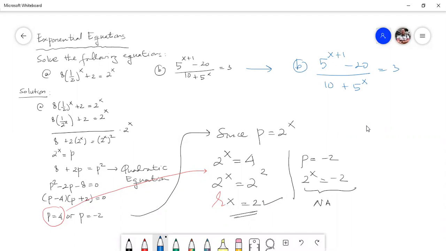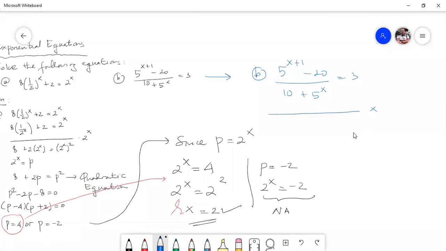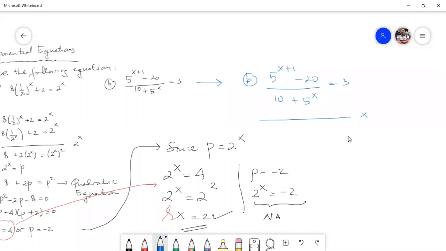I want to avoid fraction, so I multiply everything with 10 plus 5 to the power x. So I have 5 to the power x plus 1 minus 20 equals 3 times (10 plus 5 to the power x).